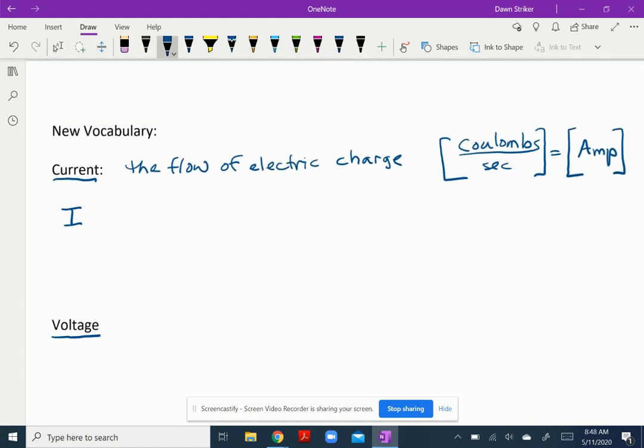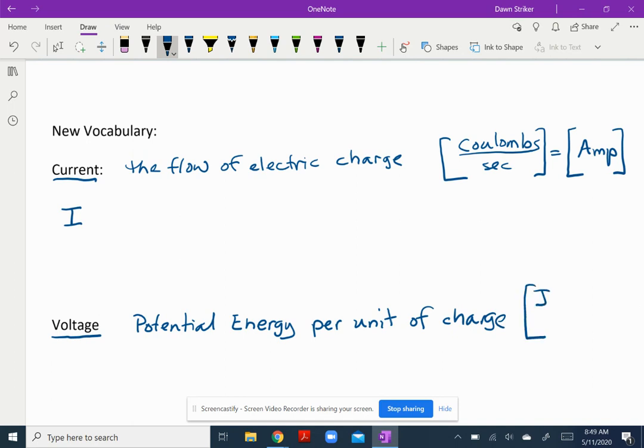So it's necessary to have a difference in potential energy in order for charge to flow. And so voltage is basically potential energy per unit of charge. Okay, so it is a joule per coulomb.